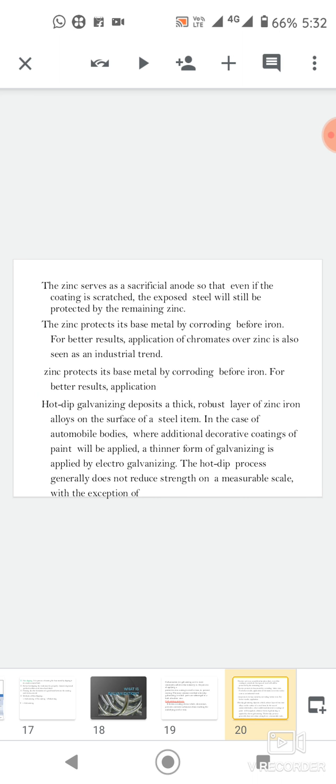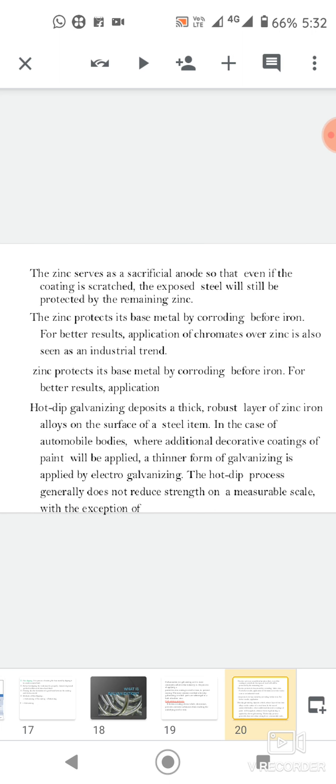This zinc serves as a sacrificial anode so that even if the coating is scratched, the exposed steel will still be protected by the remaining zinc.